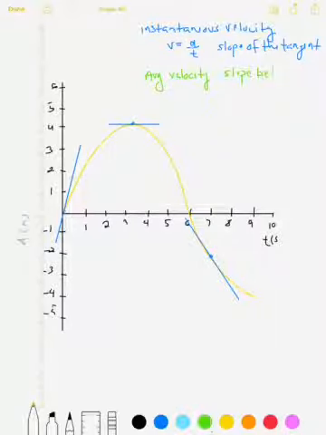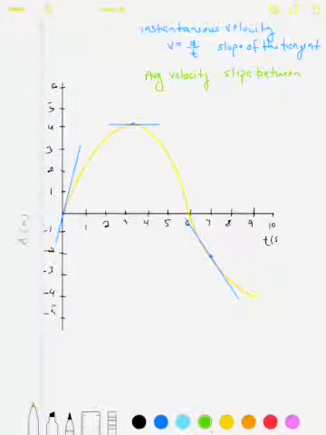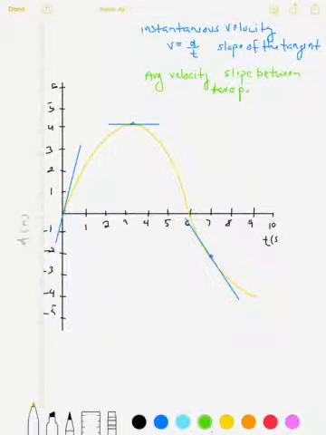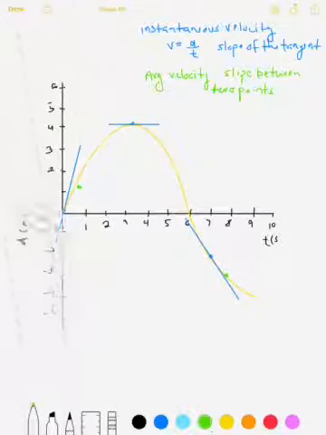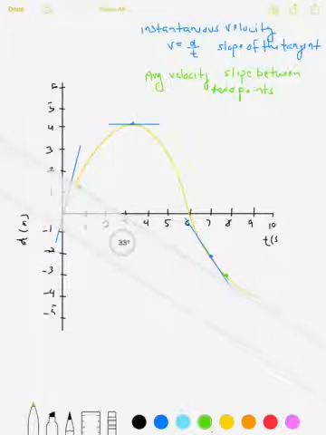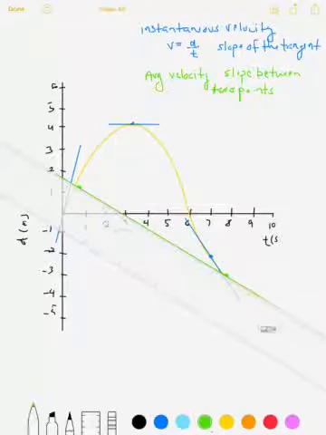So you'd talk about the average velocity between, let's say, 1 second and 8 seconds. So the average velocity would be the slope of the line between these 2 points. The slope of this line.